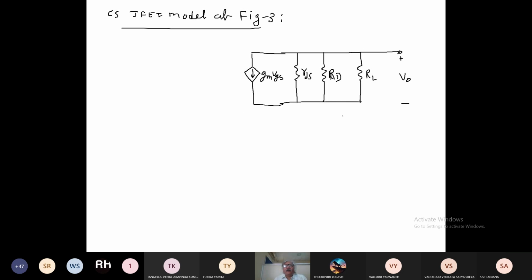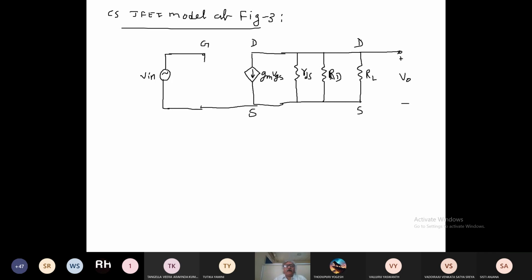And here this is source, here this is drain, and this is your gate. And here we have connected V in.